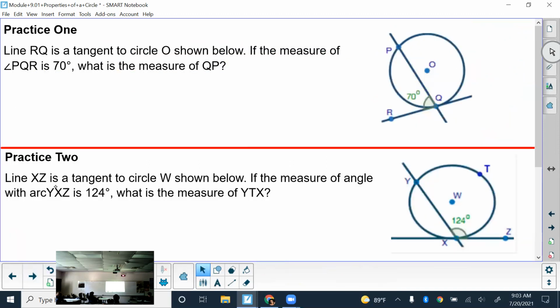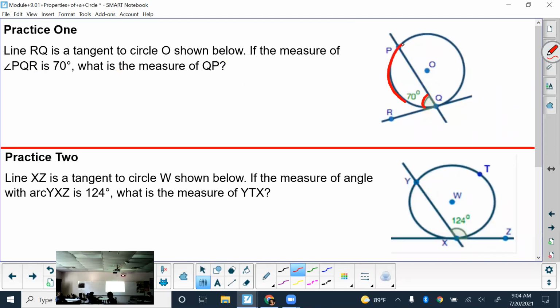So practice 1, we have line RQ is tangent to the circle. If the measure of angle PQR is 70 degrees, what is the measure of QP? All right, so let me backtrack before you get there.